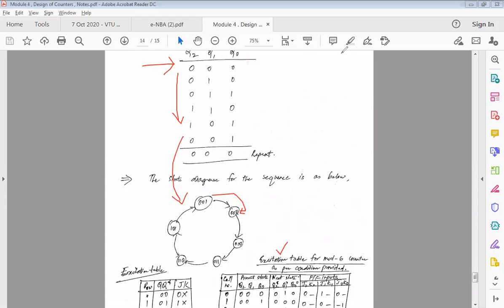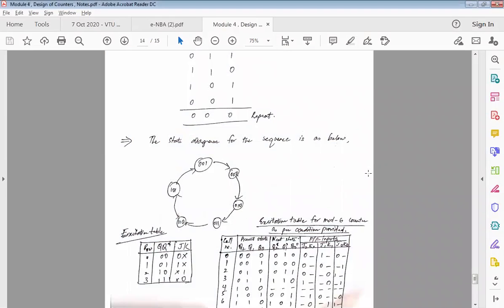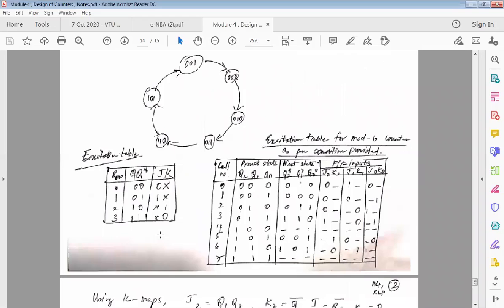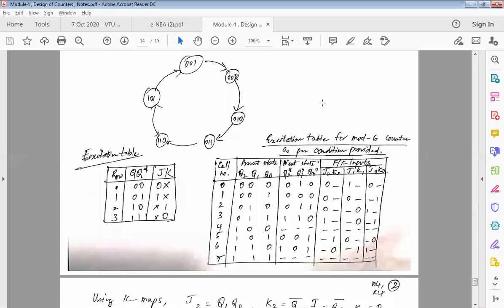Okay, fine. Now have a look at the circuit excitation table. Before that, I have put here the excitation table of the JK flip-flop. Just to make things easy, I have mentioned that we have these rows 0, 1, 2, and 3.